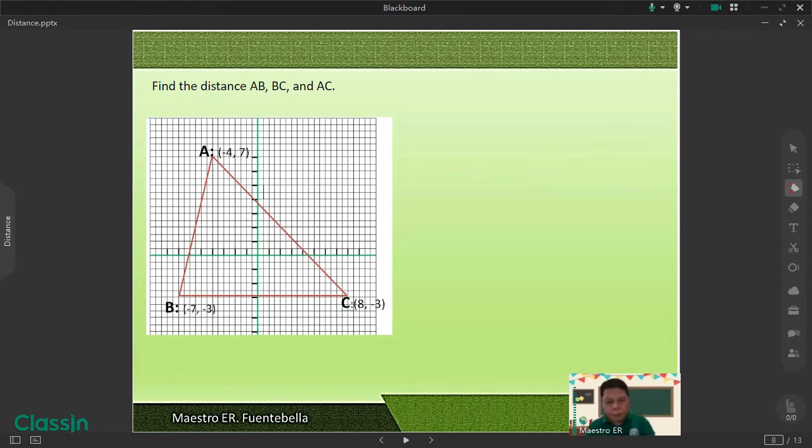So, where point B is at negative 7 and negative 3, and point C is at 8 and negative 3. So let's assign point B as your sub 1, this is your sub 2.